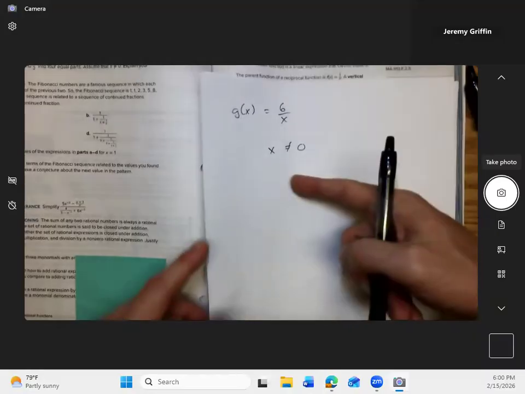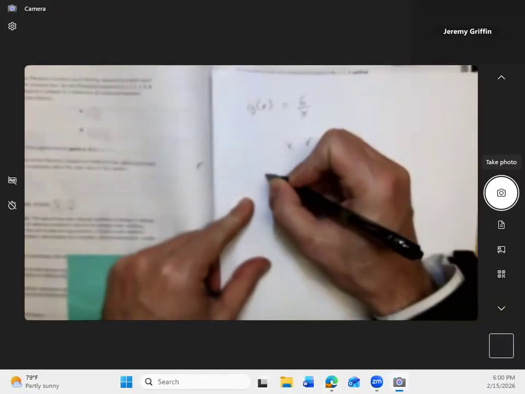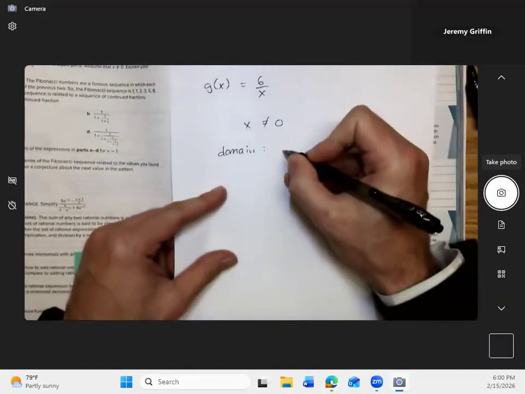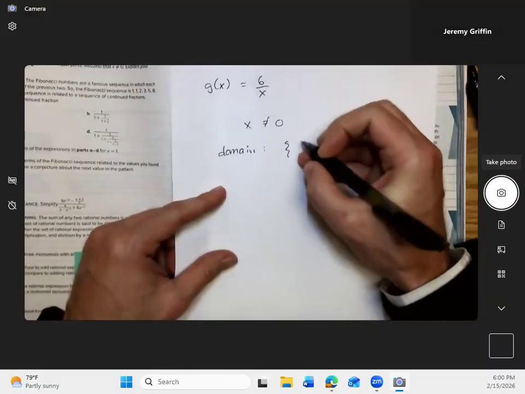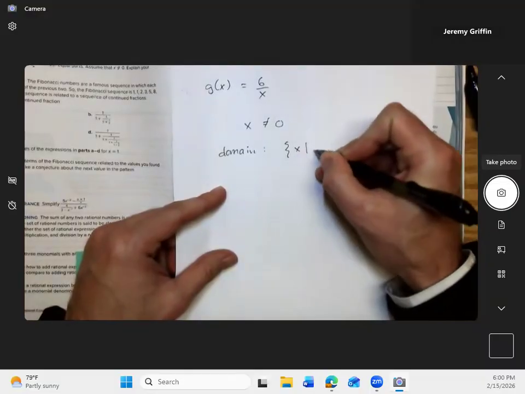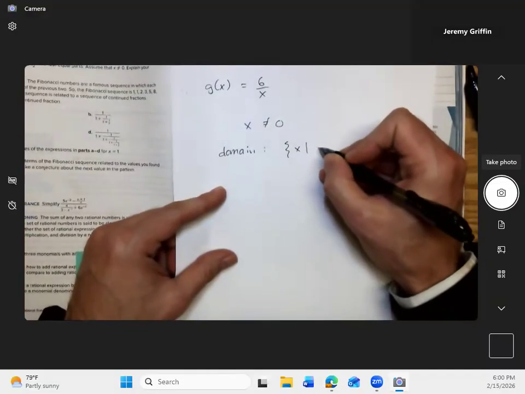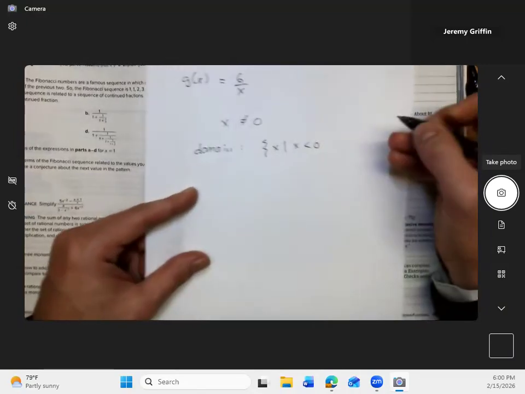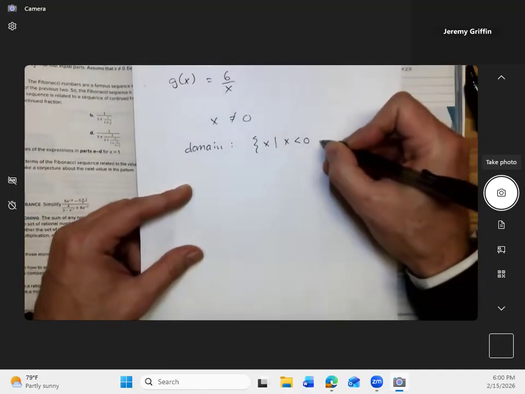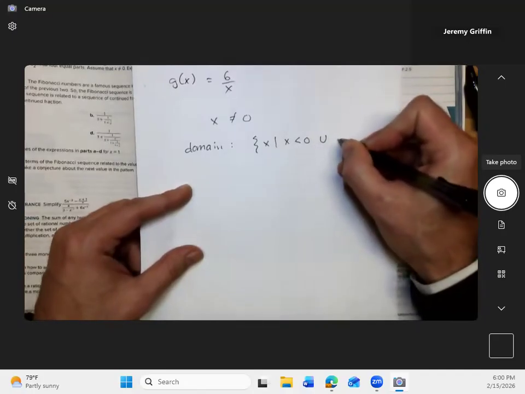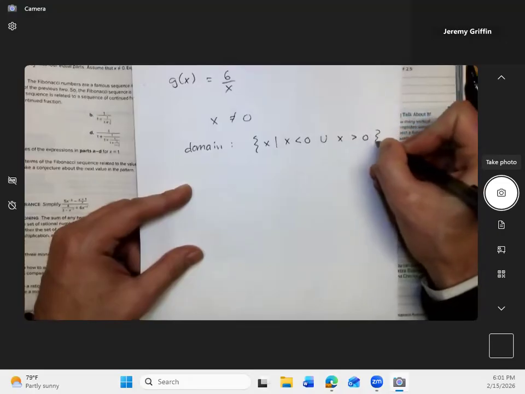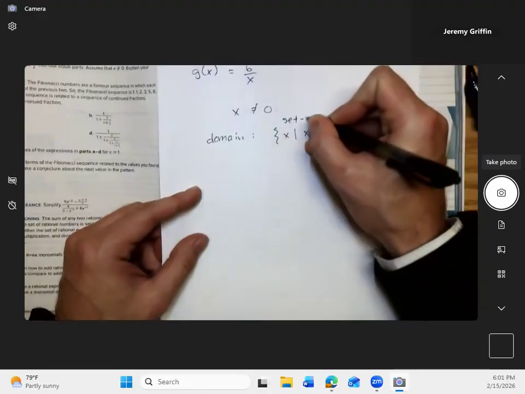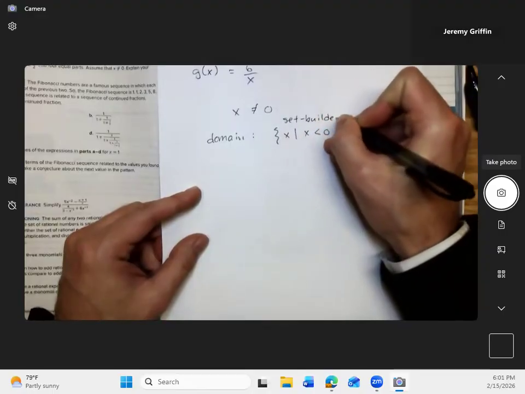If I were to properly write out the domain, maybe I could write it like this. I could say x such that x is less than 0, but strictly less than 0, and then put union x is strictly greater than 0. So there's your set builder notation.